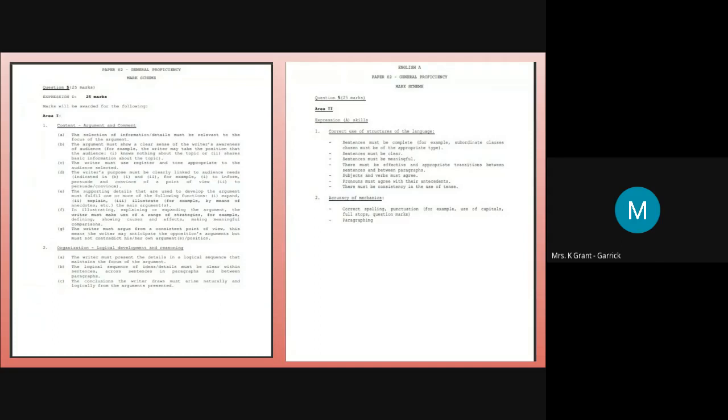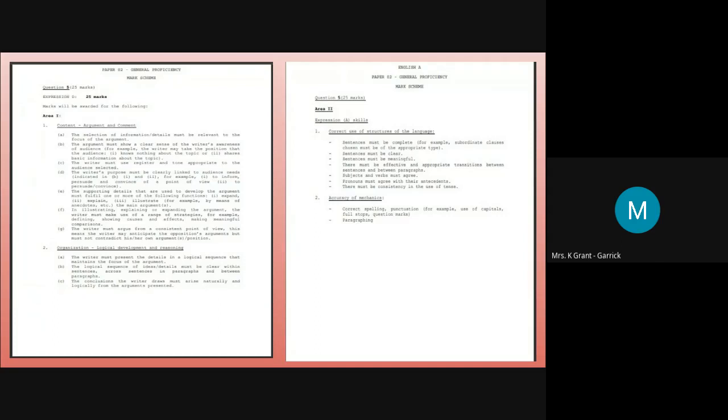So you need to present the information in such a way that you focus on the argument. Do not lose track of the argument. Ensure that the sentences and paragraphs surround this argument, and that the conclusion the writer draws must come from the same argument that is presented.